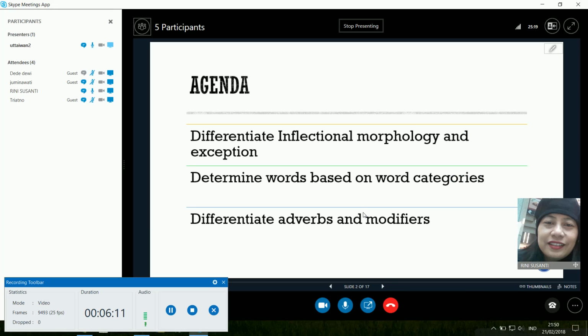What is our agenda? First, we are going to differentiate an inflectional morphology and exception. And the second one, to determine words based on word categories. And the last one, to differentiate adverb and modifiers. Sebelumnya, anyone knows what is the meaning of adverb and modifiers? Ada yang tahu apa itu adverb dan modifiers?